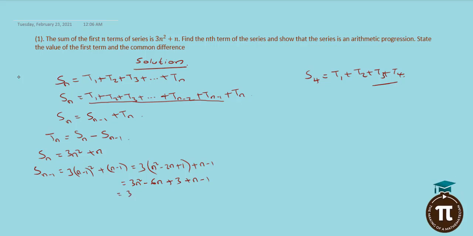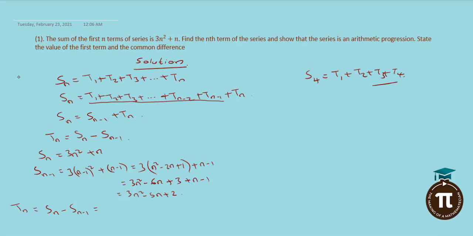So this will become 3n squared minus 6n plus n, which gives me minus 5n, and 3 minus 1 will give me 2. That is what I'm going to have. So at the end of the day, the nth term I'm told to find, which is equal to Sn minus Sn minus 1, will be equal to Sn, which is 3n squared plus n.